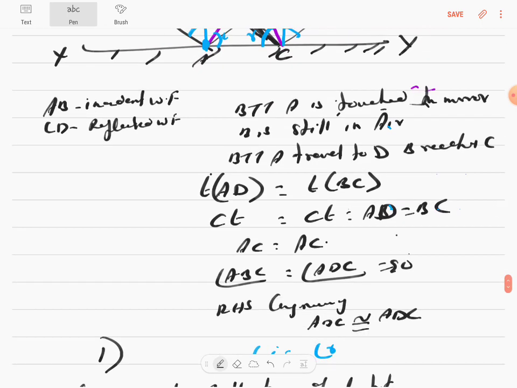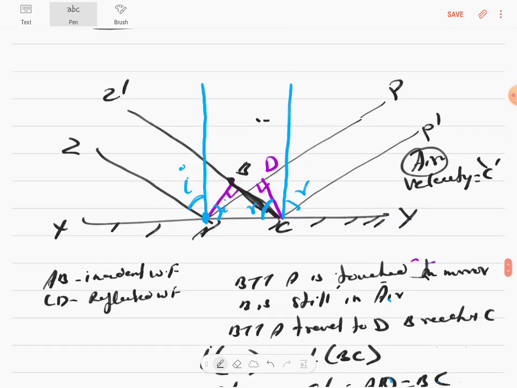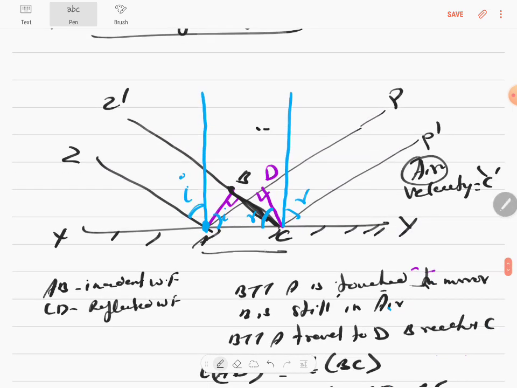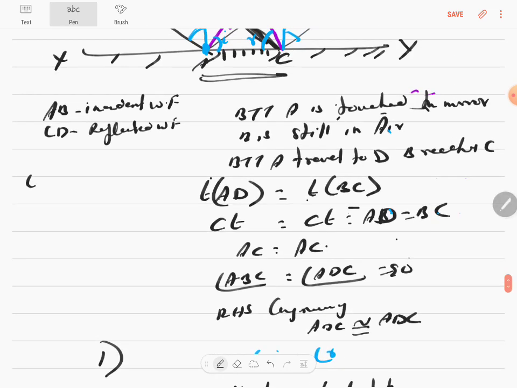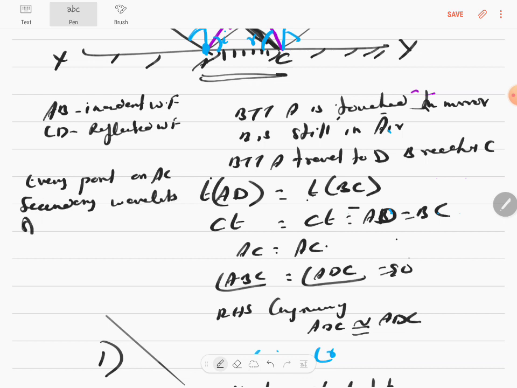Next, in accordance with Huygens principle, from every point on AC, secondary wavelets, disturbances, start growing with the speed c. So that's something you can include.